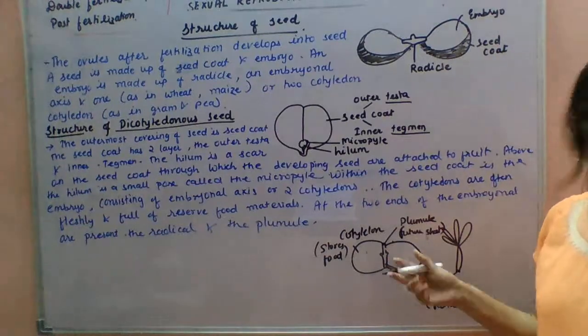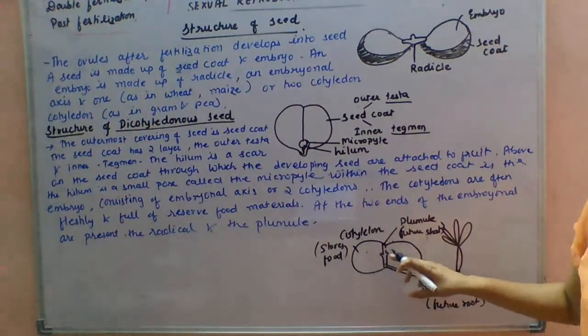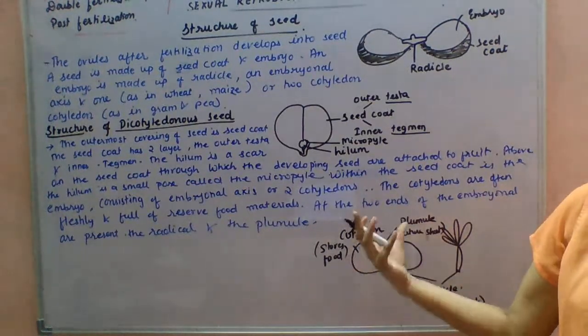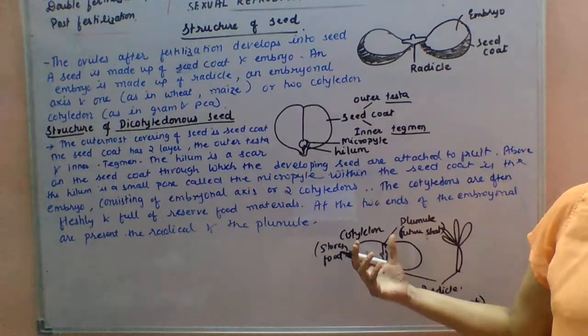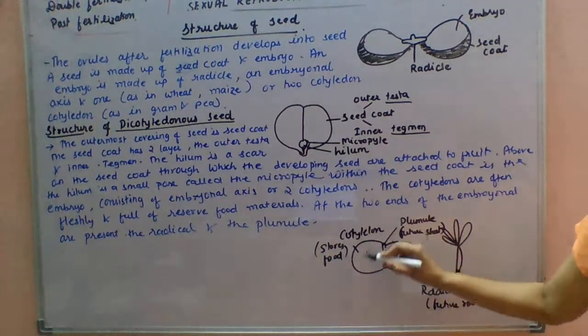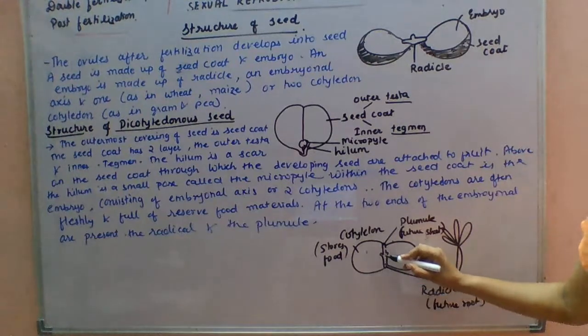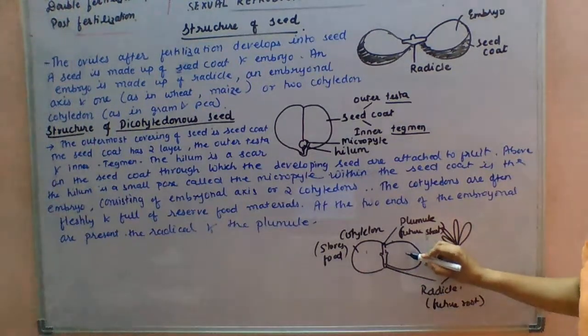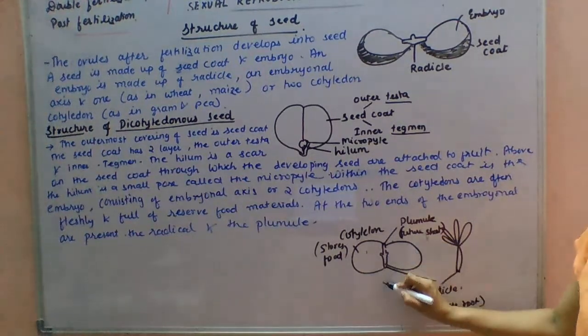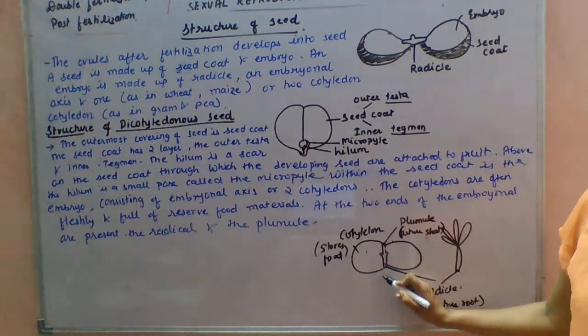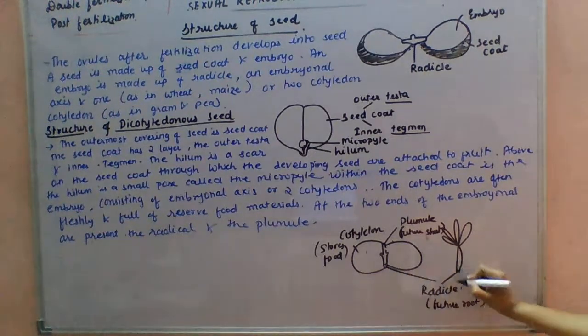At the time of germination, when the seed gets favorable conditions, the seed absorbs water and swells up. The embryo becomes active and stored food is mobilized and transported to the tips of the embryo axis. The radicle grows first, breaks the seed coat and passes into the soil.